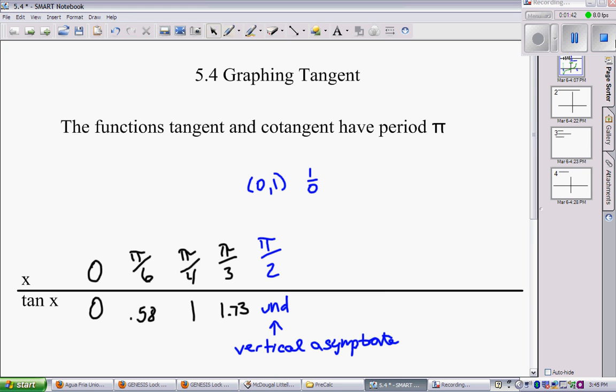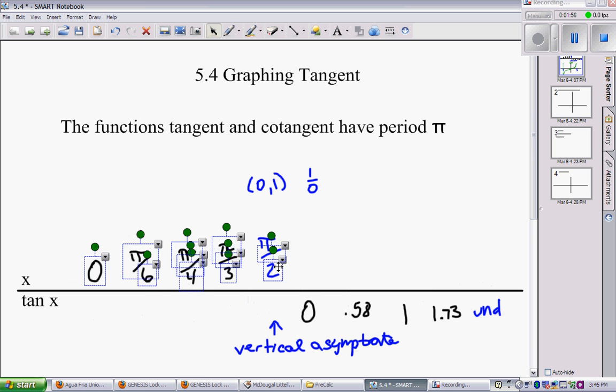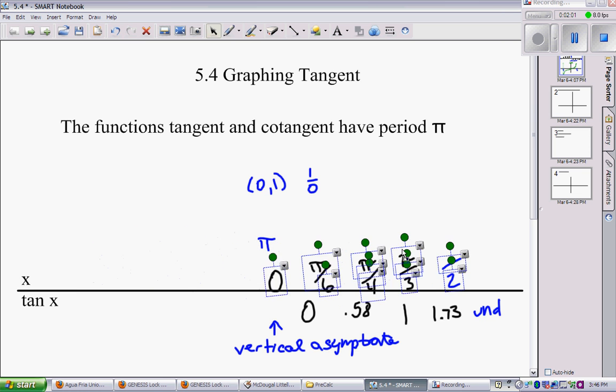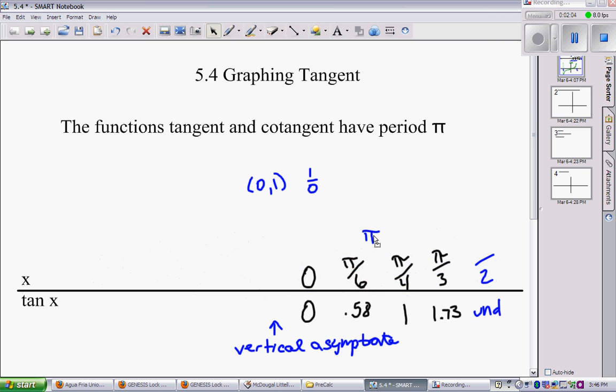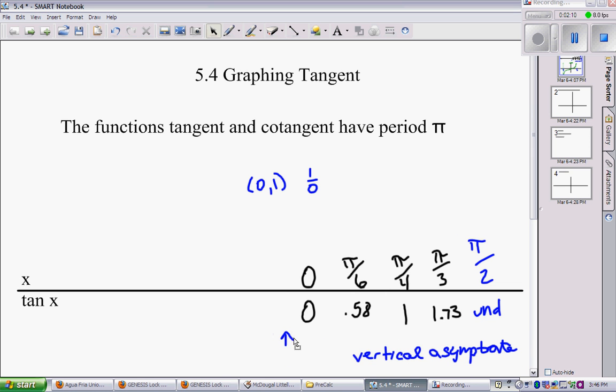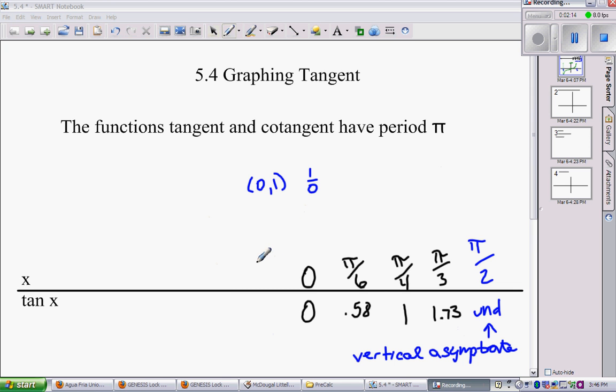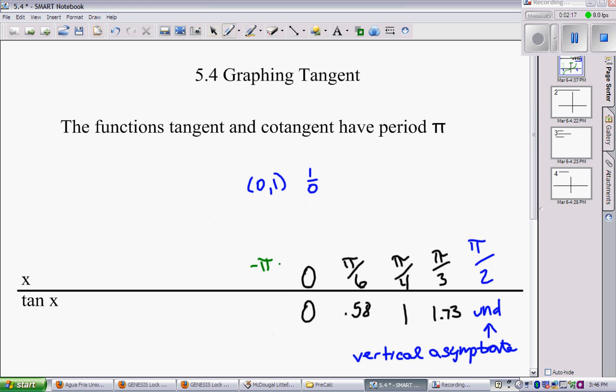So we also need to have the other part of the value. So let's do the negatives. So we need to calculate the value of tangent at negative pi over 6.